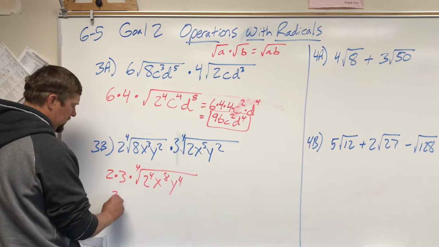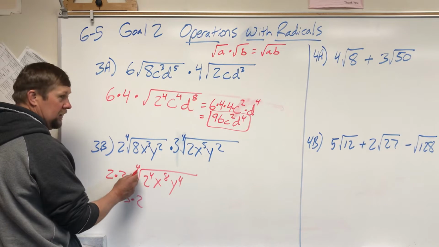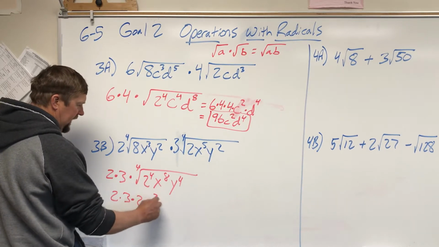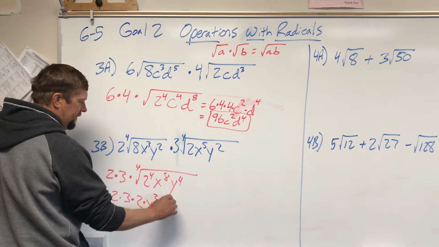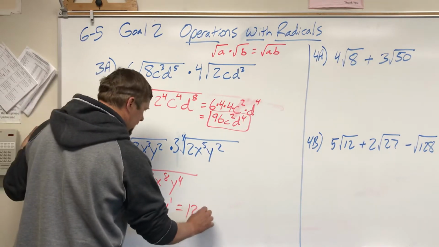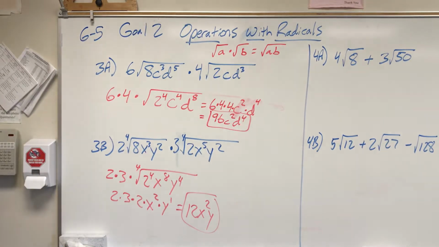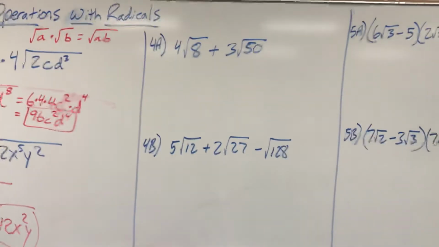So you get a 2, a 3, a single 2, because the 4th root of 2 to the 4th is just 2, x to the 2nd, since 8 divided by 4 is 2, and then y to the 1st. So my answer is 12 x squared y. Okay, so just work those through and try to get those to be as simple as possible.